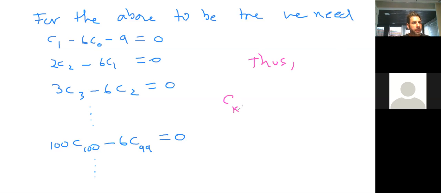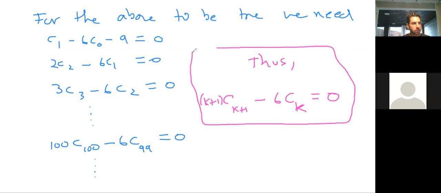c sub k plus 1 times the number k plus 1 minus 6 times c sub k. This always has to equal 0. And this has to be true for all k. So what we have is a sequence, c sub 0, c sub 1, c sub 2.